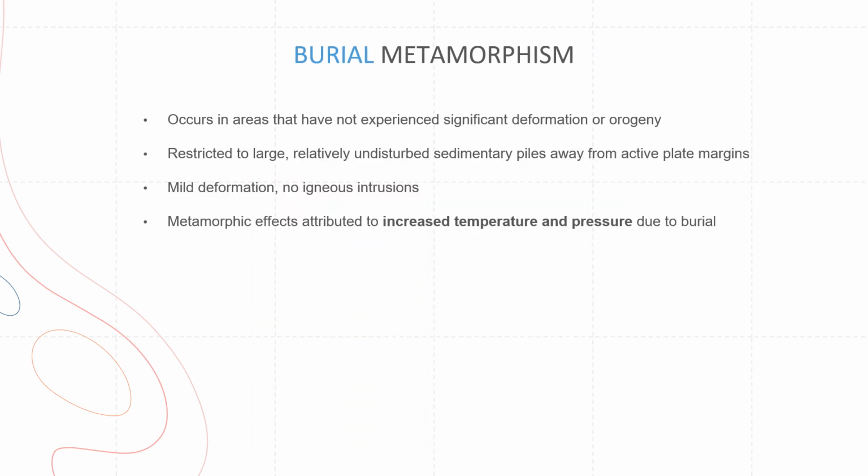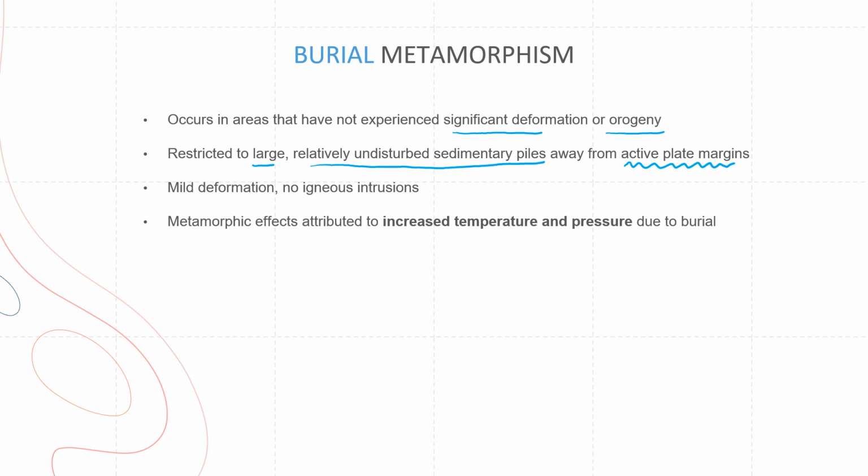Last but not least on our list is burial metamorphism. So this specifically occurs in areas that have not experienced significant deformation or orogeny. This is pure burial, rocks being buried under great depths. So this is restricted to large, relatively undisturbed sedimentary piles, and they're far away from active plate margins.